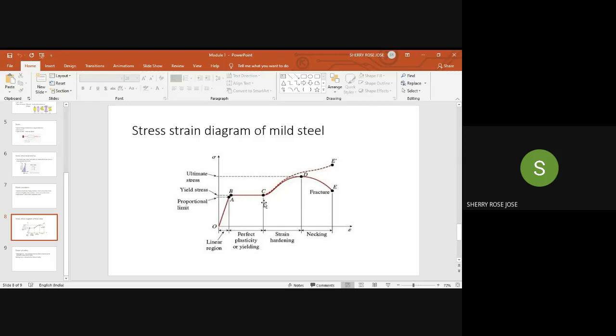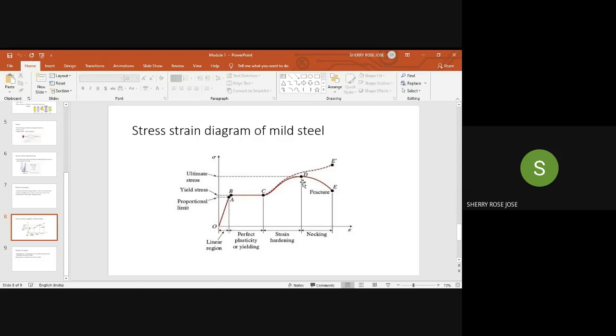From point C onwards, the body starts to regain some strength. It shows strain based upon the stress applied on the body, and that portion is termed the strain hardening region.